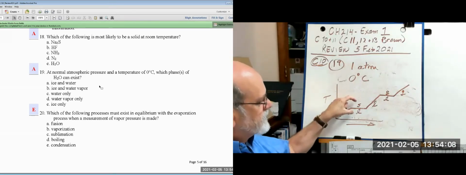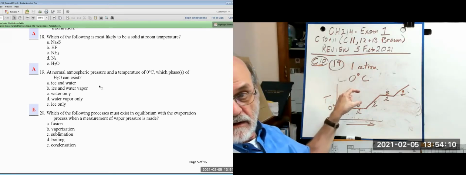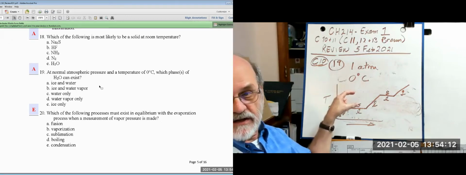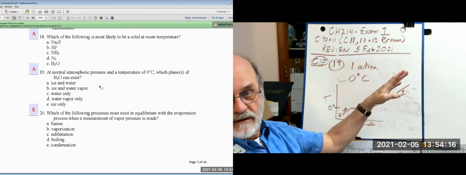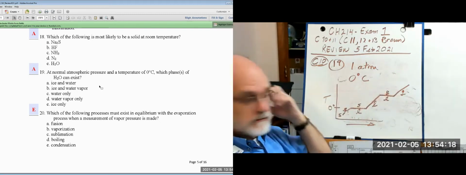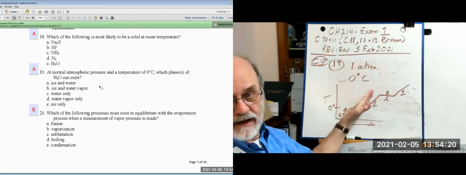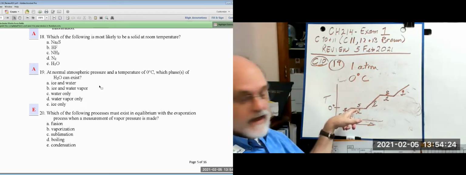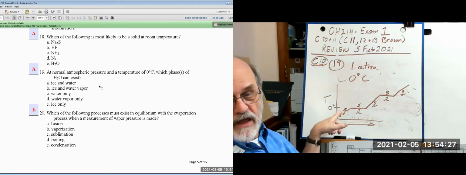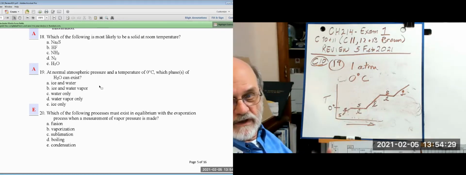Anytime you have two phases together, the temperature is going to be fixed until one of them is gone. If you go in this direction, the solid is gone, now you've got liquid. If you go in this direction and you're freezing it, then you reach a point where all the liquid is gone, and now you have solid, and you can continue to cool it down.